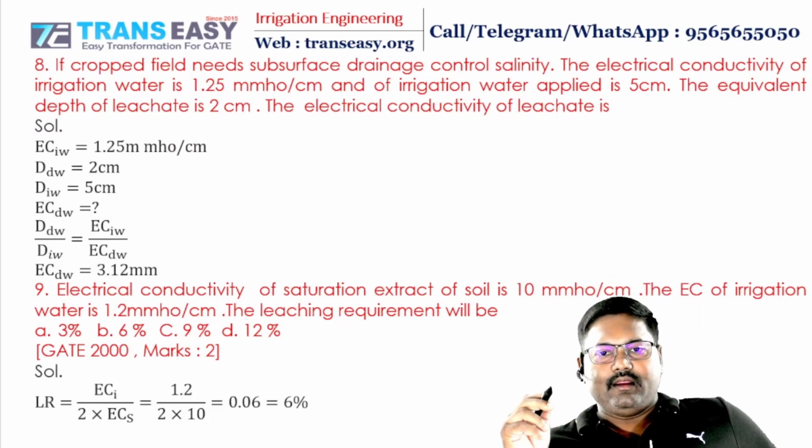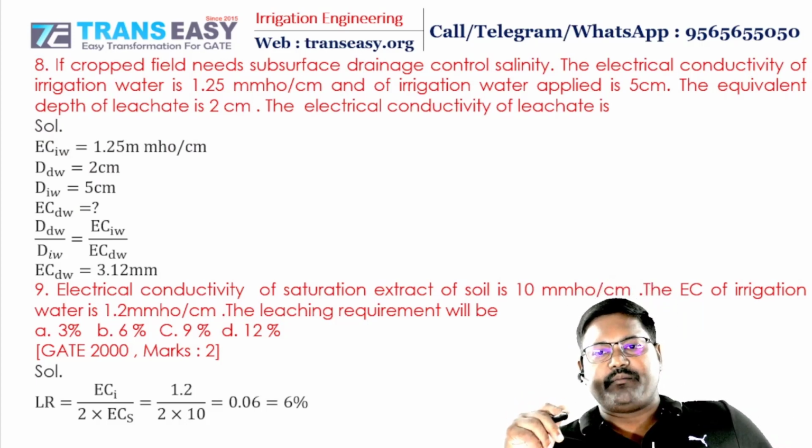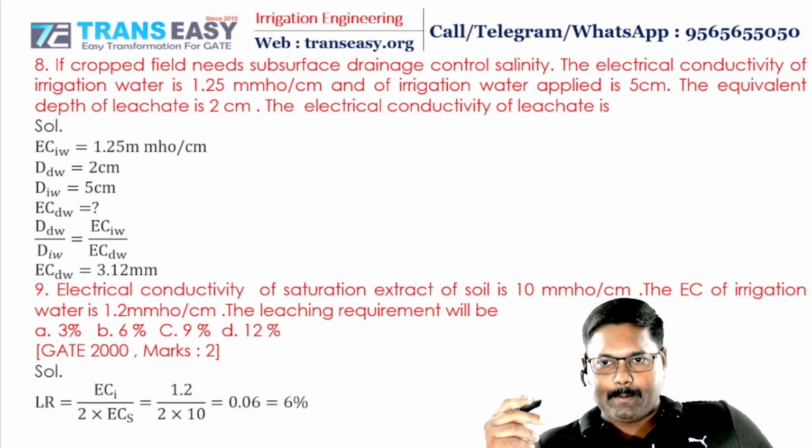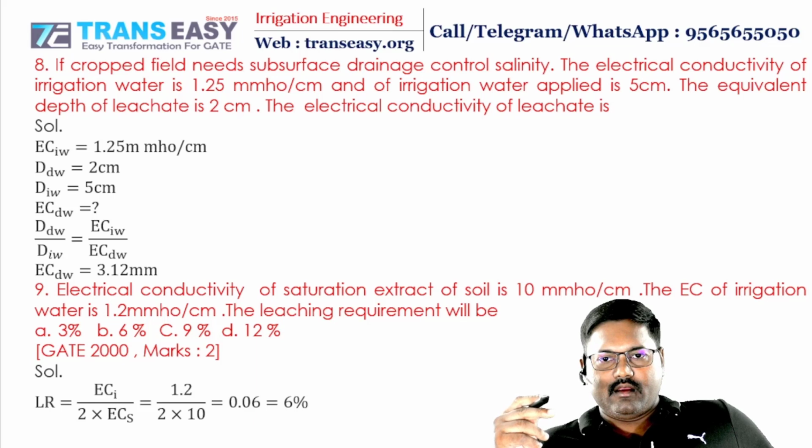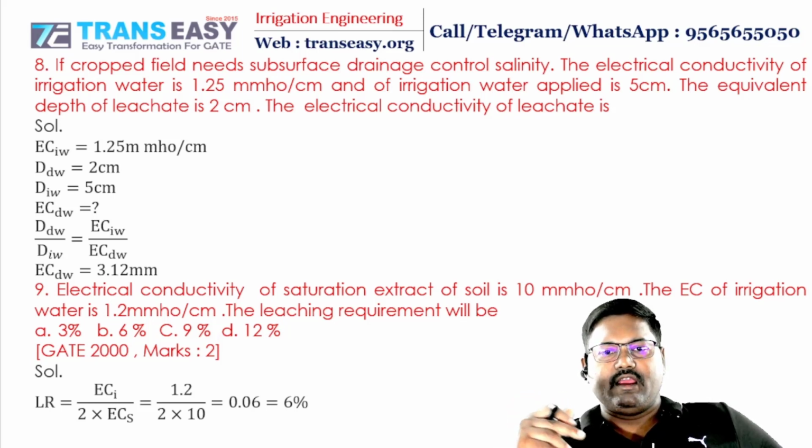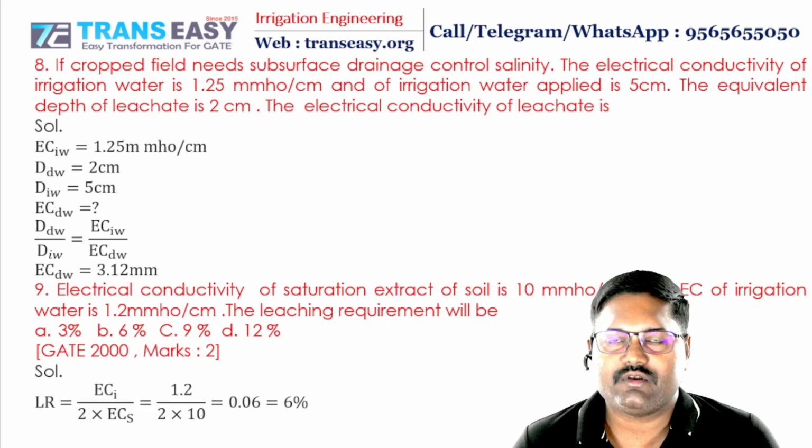If a cropped field needs subsurface drainage to control salinity, the electrical conductivity of irrigation water is 1.25 millimoles per centimeter and the irrigation water applied is 5 centimeter, right. The equivalent depth of leachate is 2 centimeter.